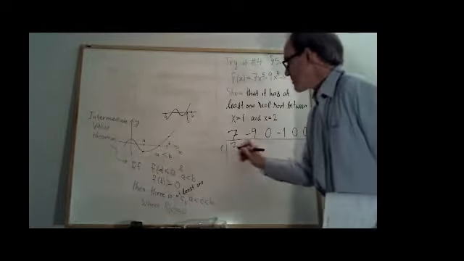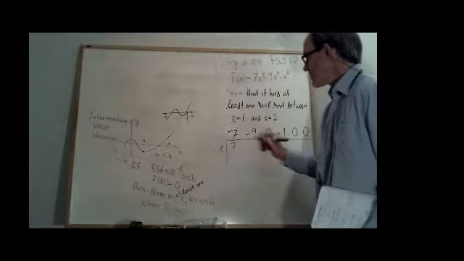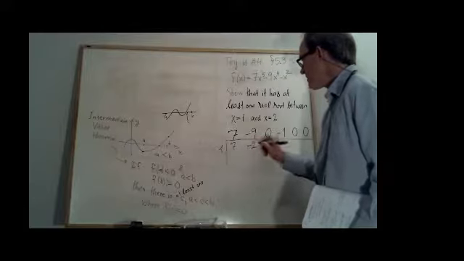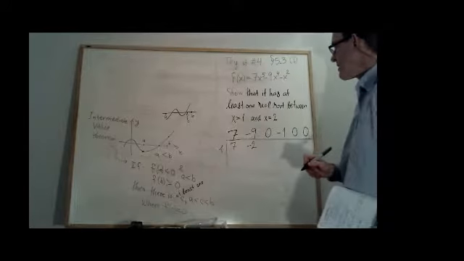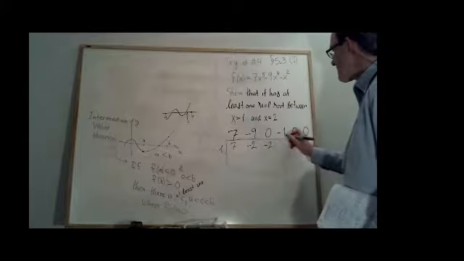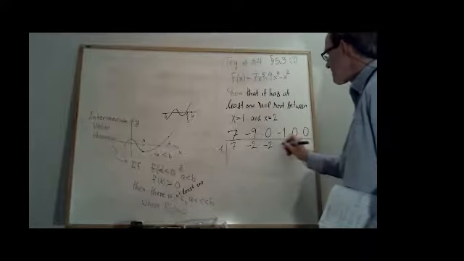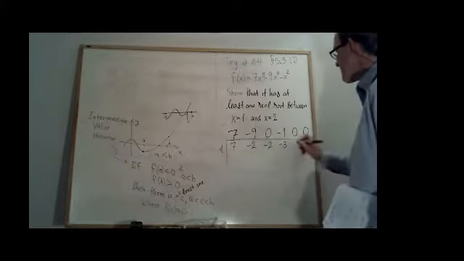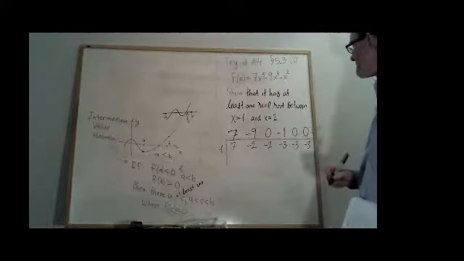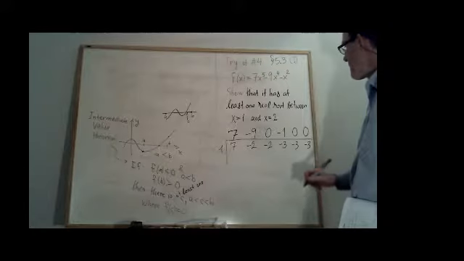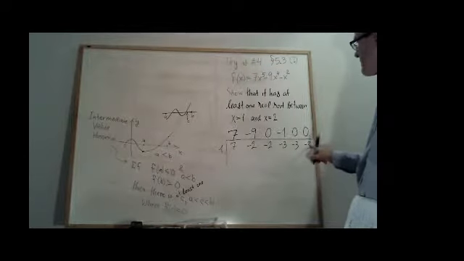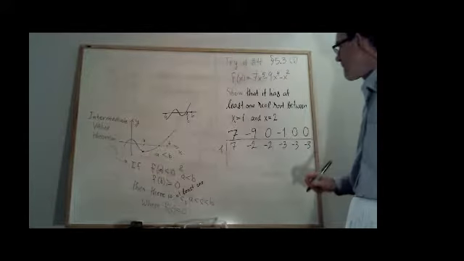Remember, I multiply by 1 and add to the next number. So I get 7 times 1 is 7, minus 9 is minus 2, times 1 is minus 2, plus 0 is minus 2, times 1 is minus 2, plus minus 1 is minus 3, then minus 3, minus 3. So it doesn't evaluate to be a root itself, because this is not 0.